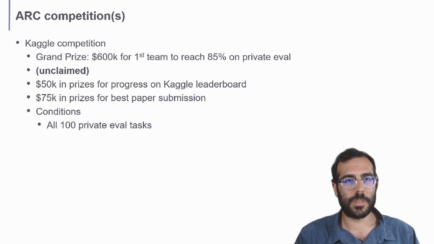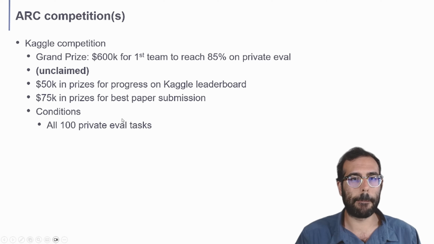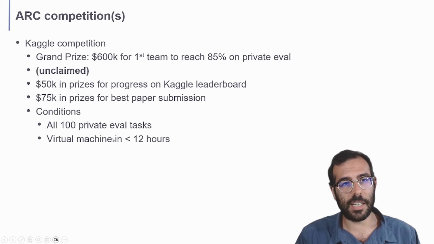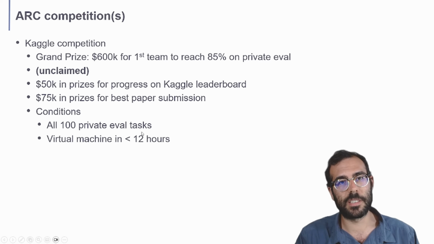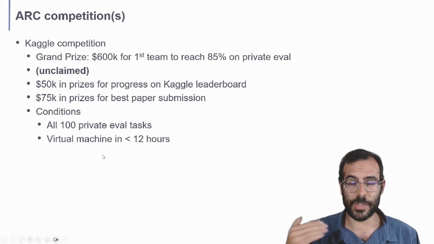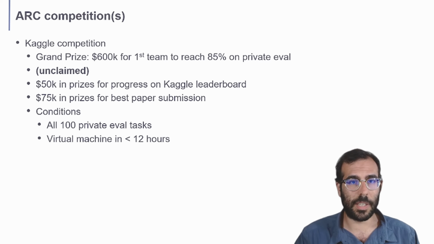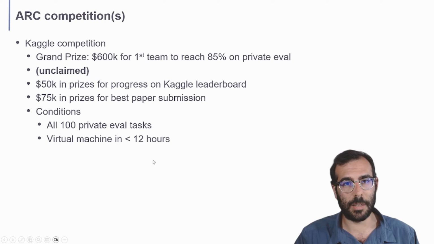There's a few conditions. You're calculating the accuracy on all the 100 private tasks. Then you have a condition on how much time your system can spend solving the tasks. So everything has to happen in under 12 hours for all of the 100 private tasks. You don't have internet access, so that's also a problem for all of these solutions that try to use LLMs.